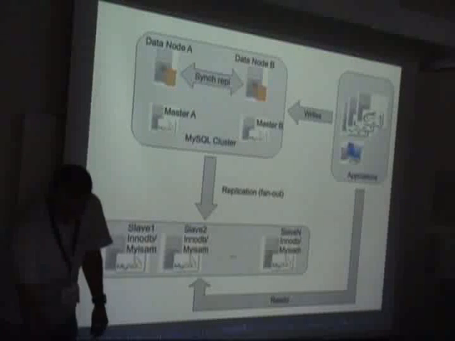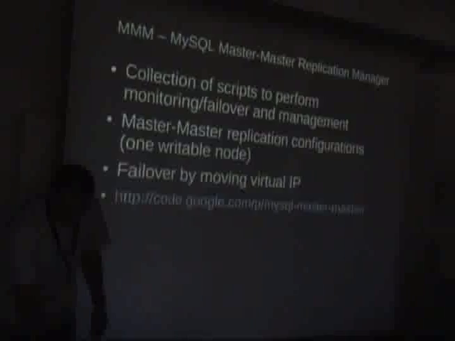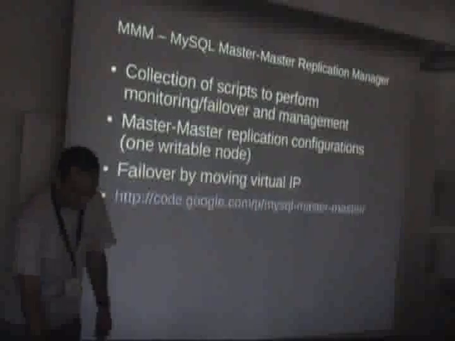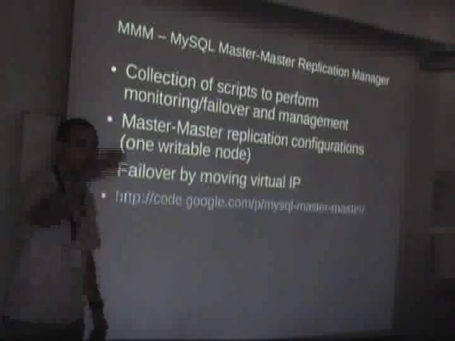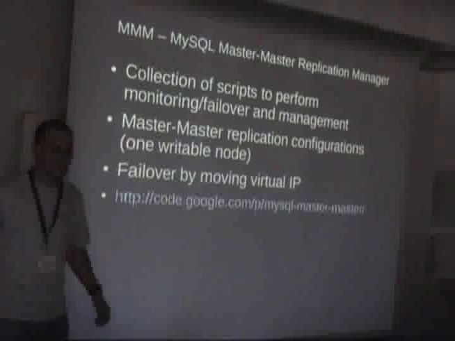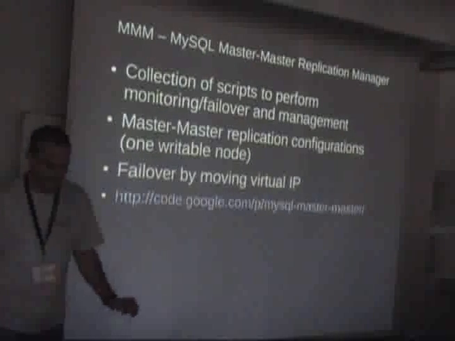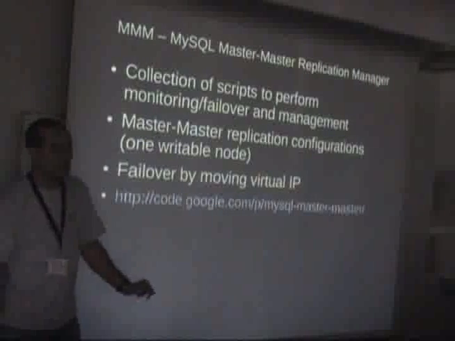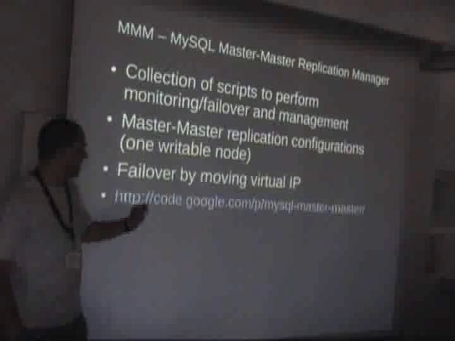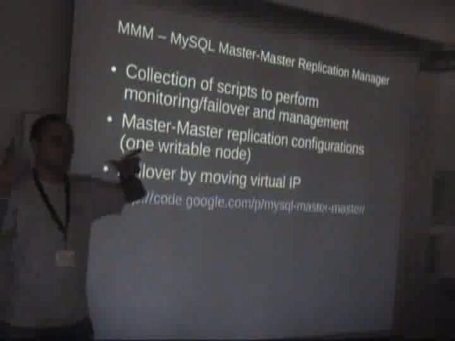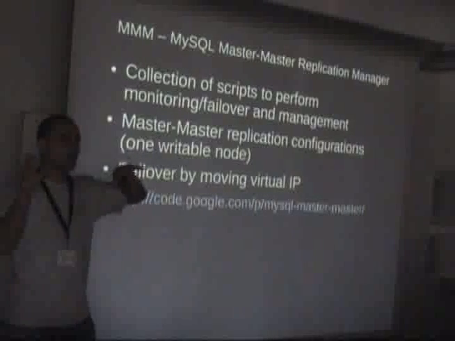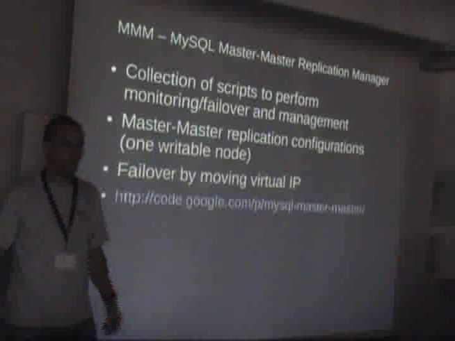Sorry, I'm running a bit out of time here, so just real quick. MMM. There was just a talk about it earlier today by Walter. So if you have missed it, take a look at the recording. This is a Perl script basically that automates a lot of the work of setting up 2 MySQL servers being masters and slaves of each other and making sure that an IP address is being failed over properly.